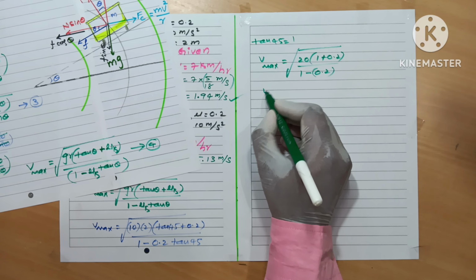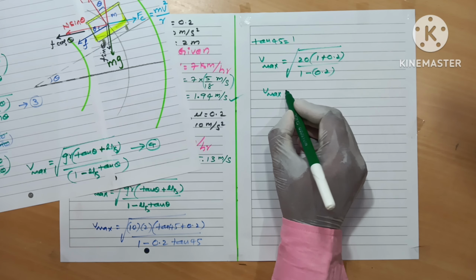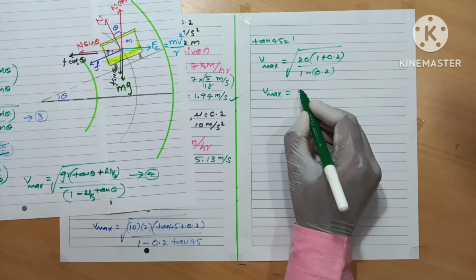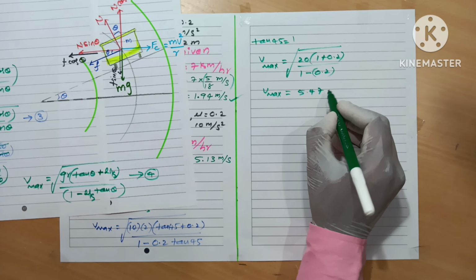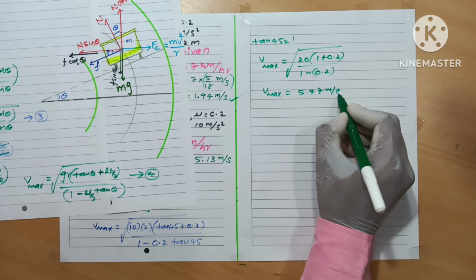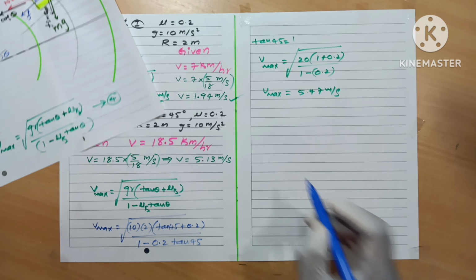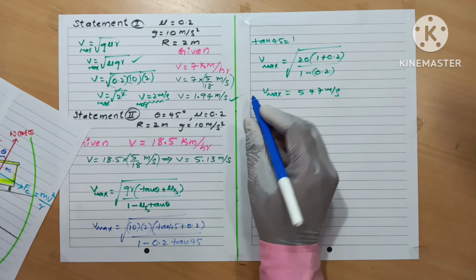After solving this, we will get Vmax equal to 5.47 meters per second. And next we are going to find the V minimum, student.